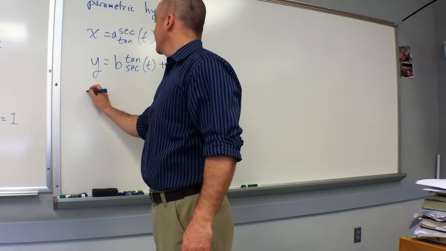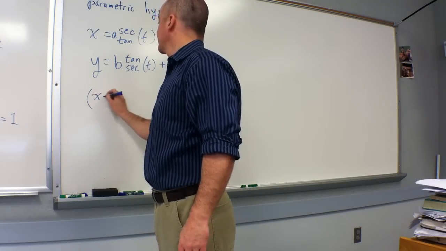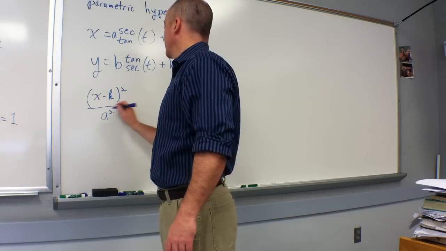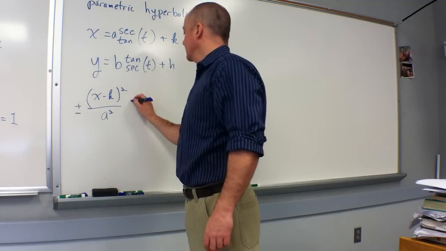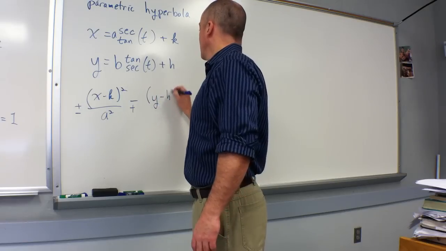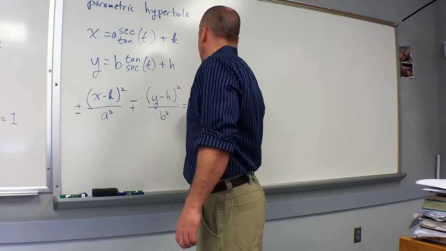And this will change with a little manipulation to (x minus k) squared over a squared, where this could be plus or minus, and then this would be minus or plus (y minus h) squared over b squared equals 1.